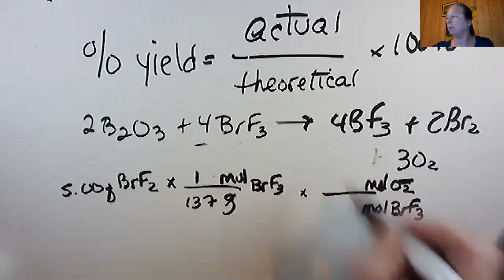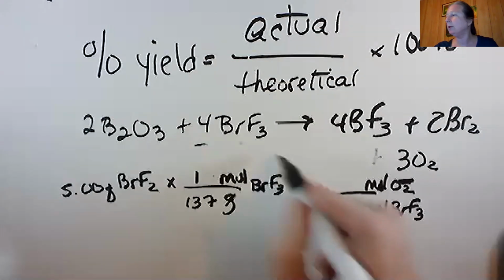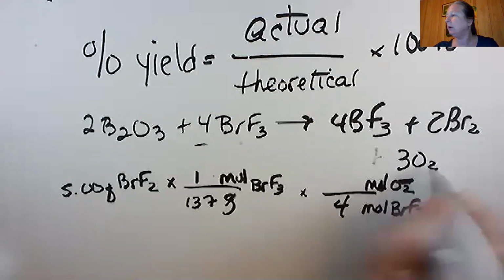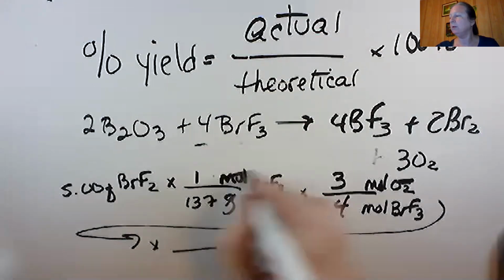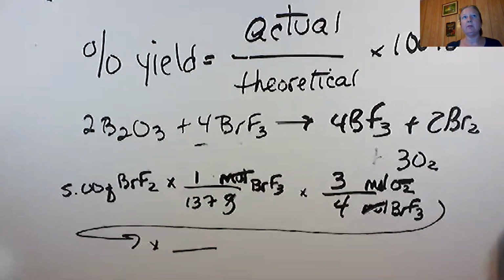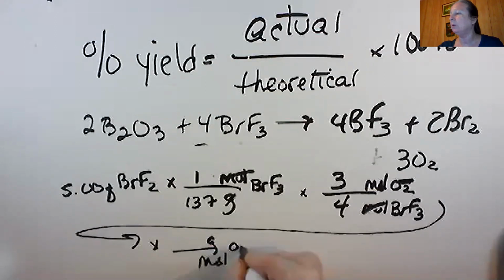So we go to our reaction equation. Bromine fluoride is 4, oxygen is 3. We have to come down here because I've run out of room, because it asks for mass of oxygen. So you have to change your moles of oxygen back to grams. Anytime you're asked for mass, that's grams.